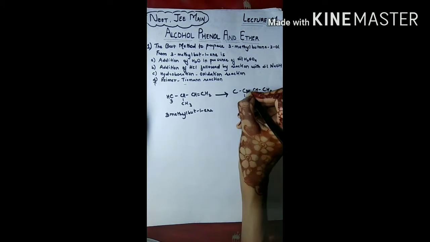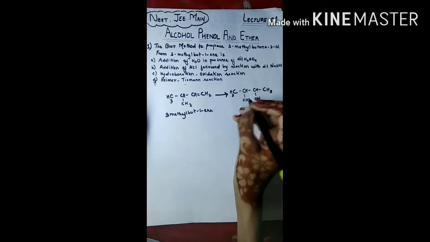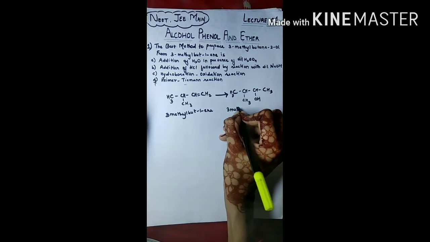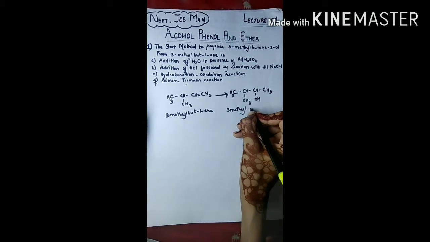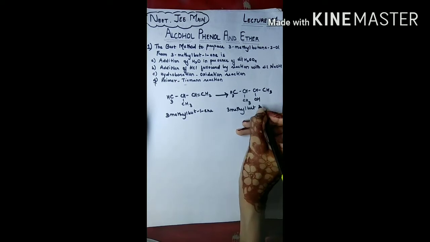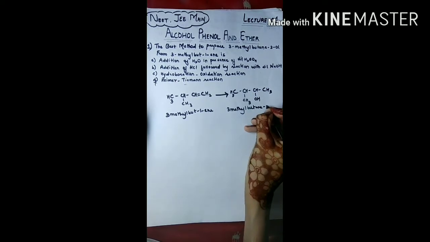Basically, a catalyst increases the rate of reaction, or we can say it increases the speed of reaction. So here it is 3-methyl butane 2-ol.